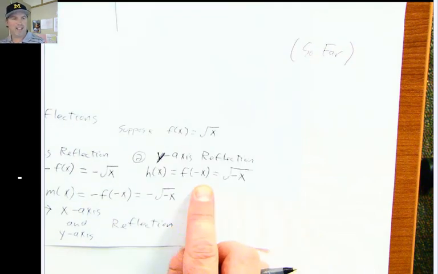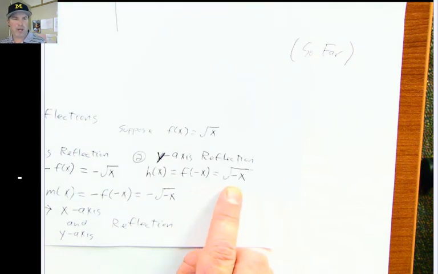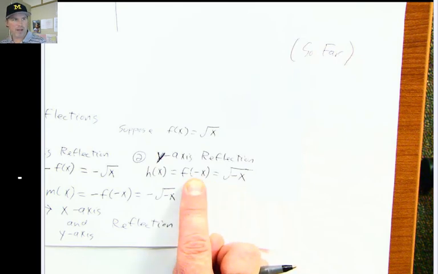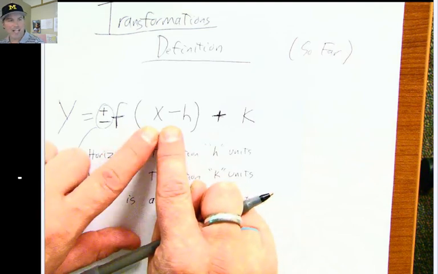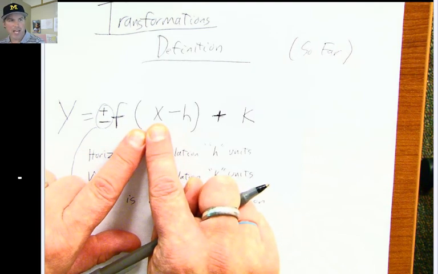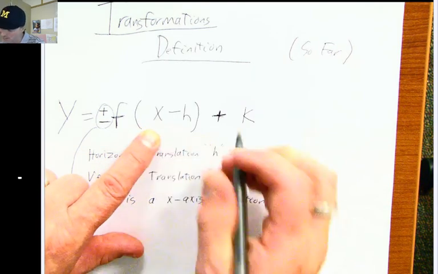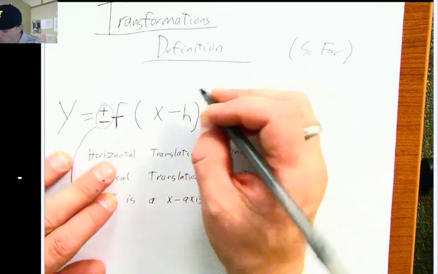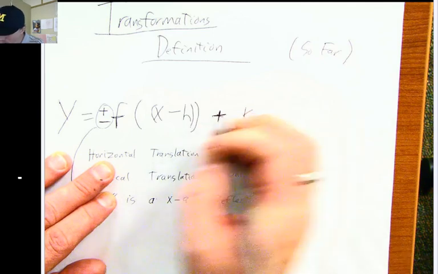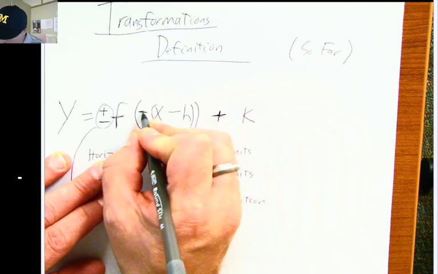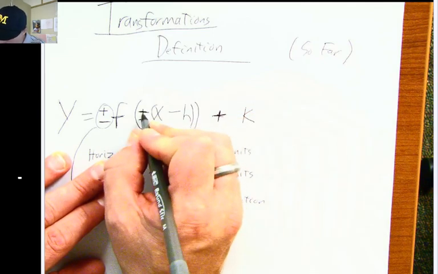And our y-axis reflection was when the negative was on the inside of the function, affecting the x-coordinates. So inside the function, I want the x to be negative, but I still need to maintain this x minus h. So within these parentheses, I actually make a smaller set of parentheses, and I'm going to put a positive negative here.